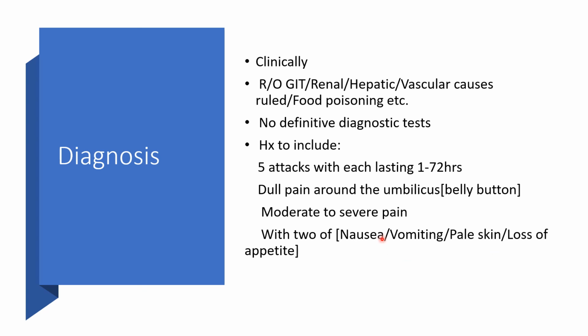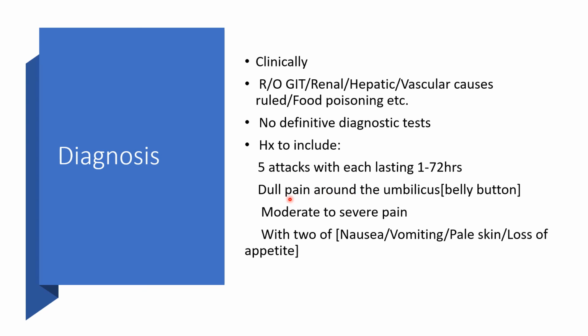Let me explain here. When we are taking history of abdominal pain, I know that is abdominal migraine in a child, but I've said it could be in an adult, there must be 5 attacks that would have occurred, and each should be lasting 1 hour to 72 hours. That's one point. The second point is that there's pain in the abdomen, but the pain is at the belly button, that is at the umbilicus, and is a dull pain.